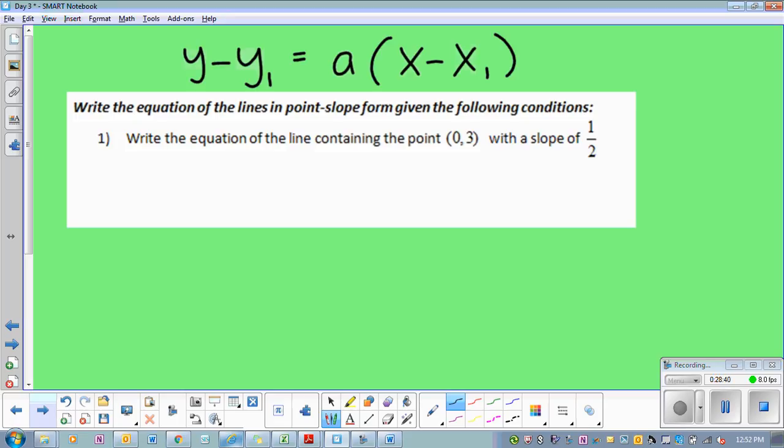But if I write it like this, it kind of helps me remember. I gotta put the x and the y in. I'll tell you guys something. This y, the plain old y, and the plain old x, they stay x and y. Don't plug in numbers for those. Okay? That's just like part of your equation. And remember, a is the slope.